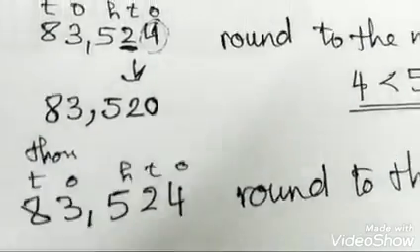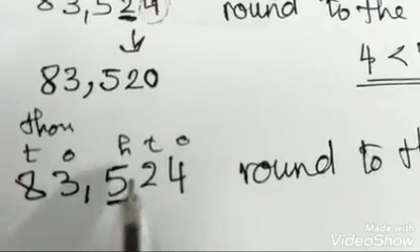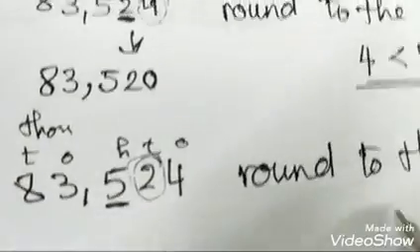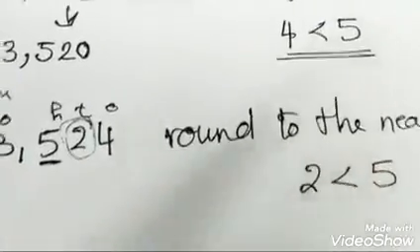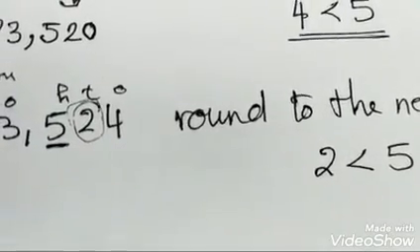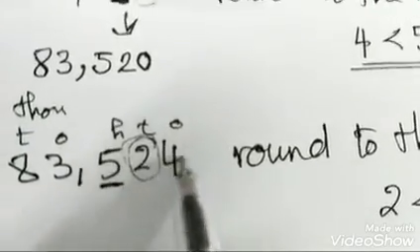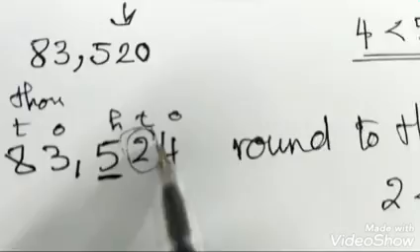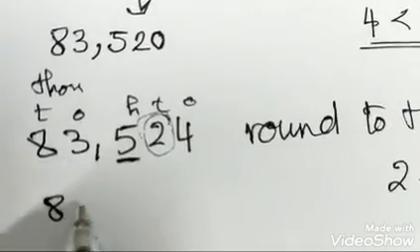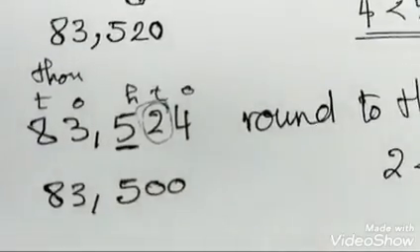Okay, where is the hundreds digit here? This is the 5. I will have a look at the number on the right side, make a circle on it. 2 is less than 5, so 2 is a poor number. Okay, so the 5 will remain the same, and we will replace these 2 and 4 with two zeros. So the rounded number will be 83,500.